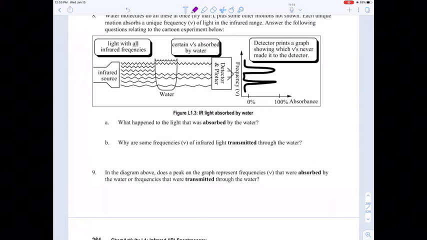What happened to the light that was absorbed by the water? So in other words, we have this one, this frequency, and this frequency. What happened to those?